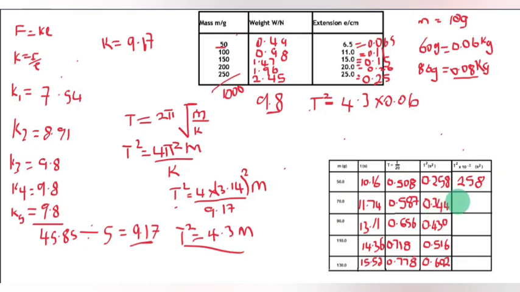For this it is going to be 344, and for this it is going to be 430. For this it is going to be 516, and for this it is going to be 602.